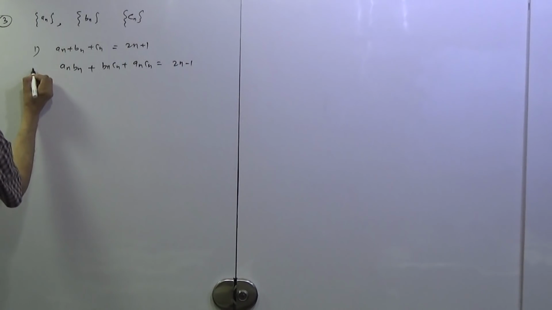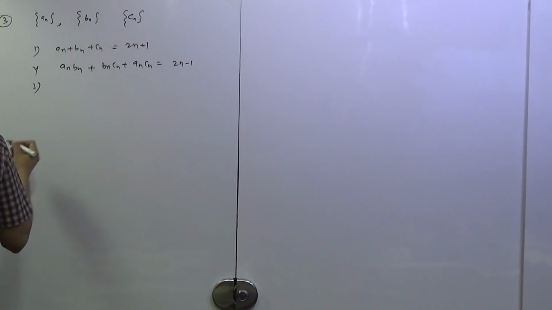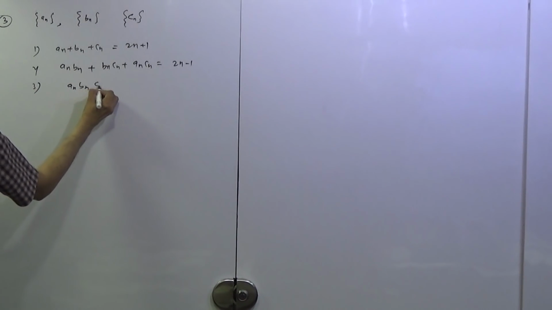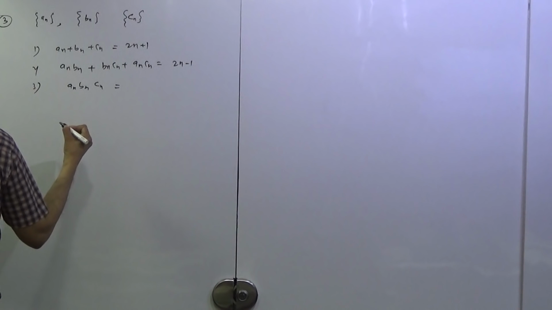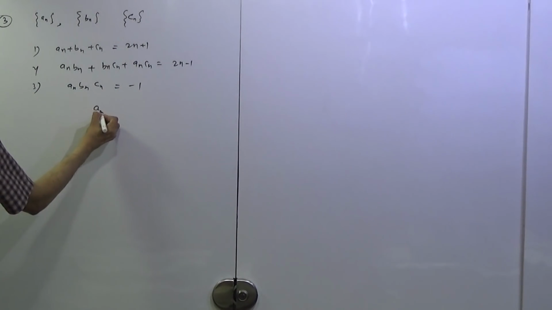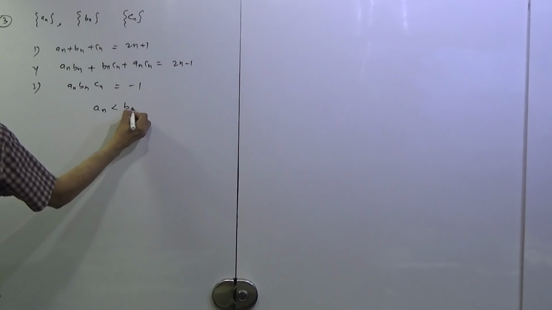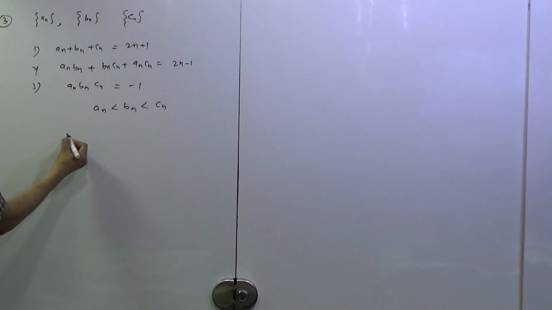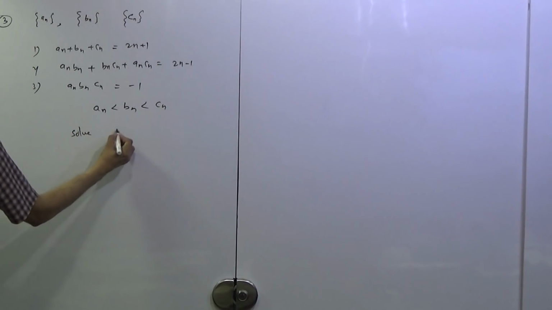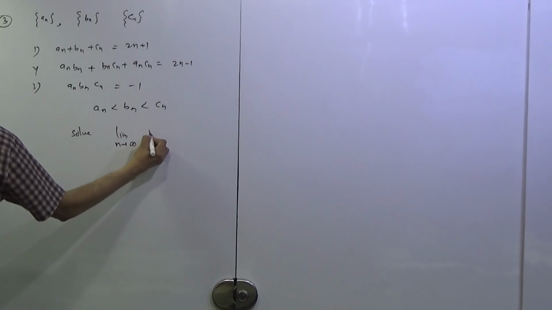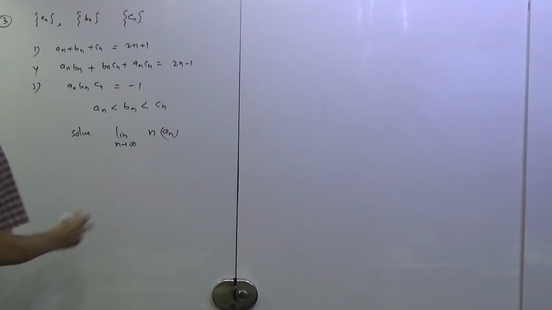And a third result: the product a_n b_n c_n is coming out to be minus 1. One interesting result given to you is that a_n is less than b_n is less than c_n, so a_n is the smallest one. And we are asked to solve the limit as n approaches infinity of n times a_n.